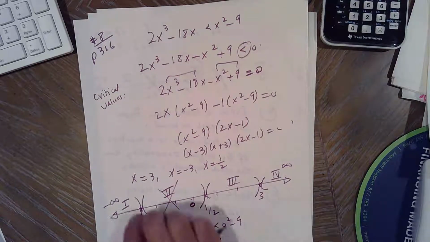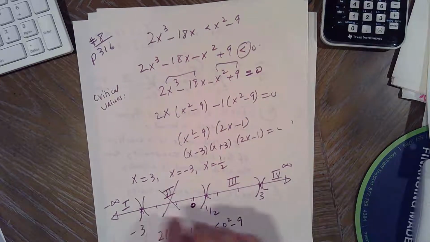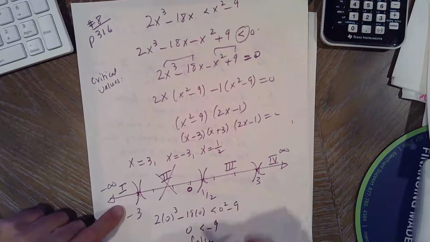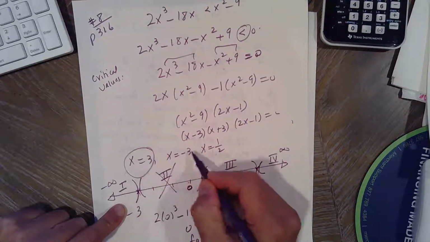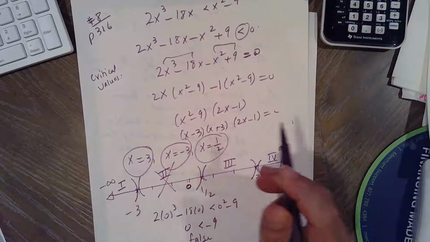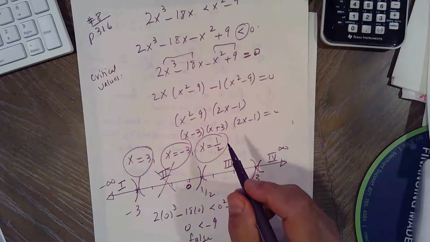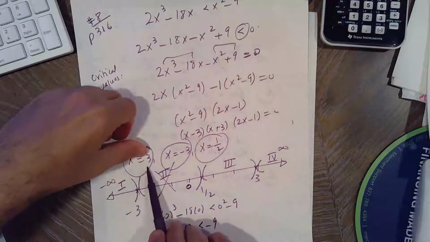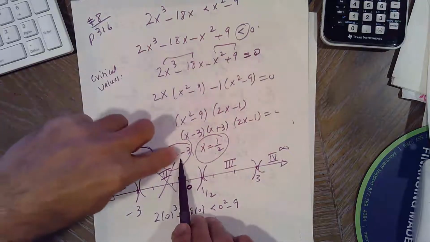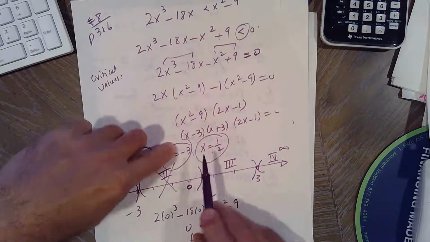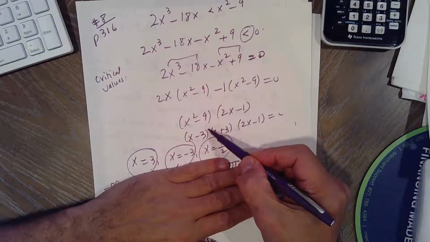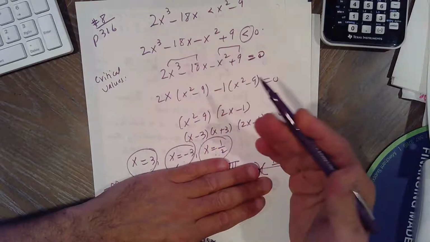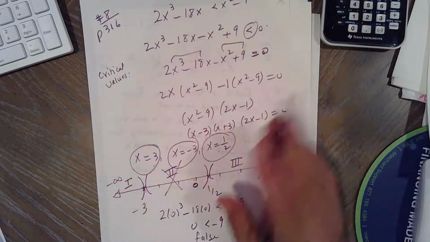And again, you don't really have to check every interval. Your solution intervals will alternate as long as none of these critical values appear an even number of times, like 2 times or 4 times. x equals 3 appears 1 time, 1 time, 1 time. If this was, say, x minus 3 squared, then x equals 3 will show up twice, multiplicity is 2, then you know they're not going to alternate.